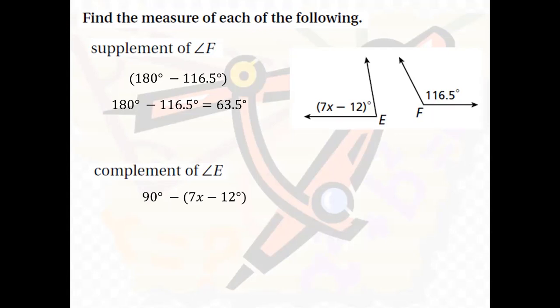Now if you solve this, you know that there is always an invisible 1 outside the parenthesis, which means you need to multiply each term inside. So if you multiply that inside, you will get 90 minus 7x plus 12, because minus 1 times minus 12 will give you plus 12. So 90 plus 12 will give you 102. So your answer is going to be 102 minus 7x.